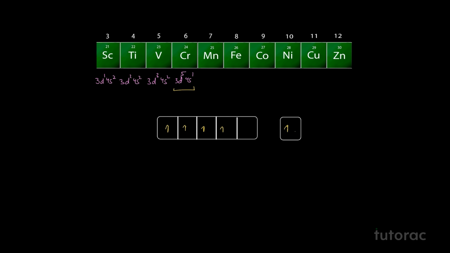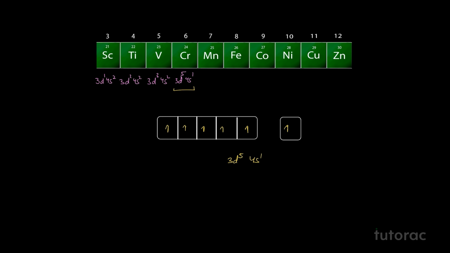That is what happens in this case. So 1 electron will be here and 1 electron would be here. That is why we write it as 3d5 4s1, not 3d4 4s2. So this is the correct configuration.